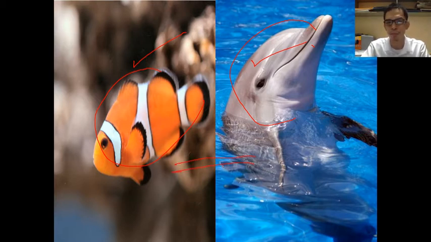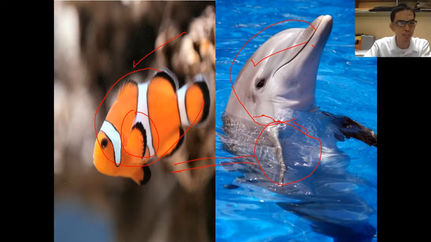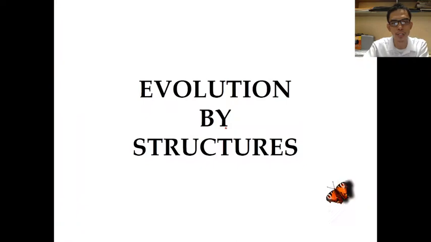So how do I know that they live in an aquatic environment? Both of them have flippers. One has fins and this one has flippers, but the thing here is they function for swimming.